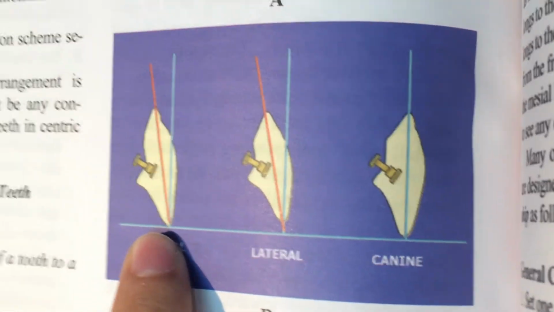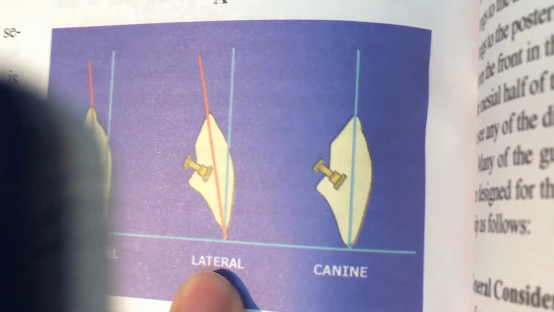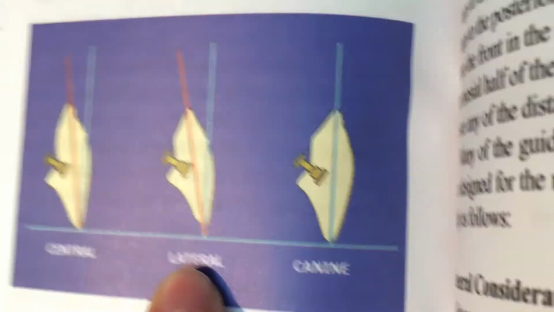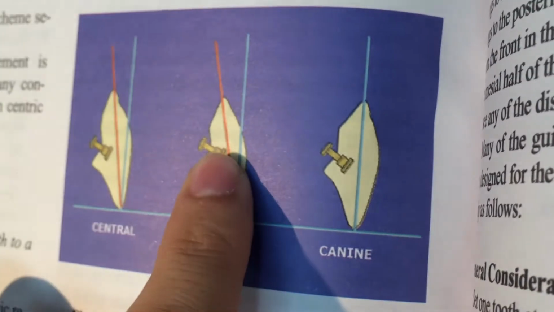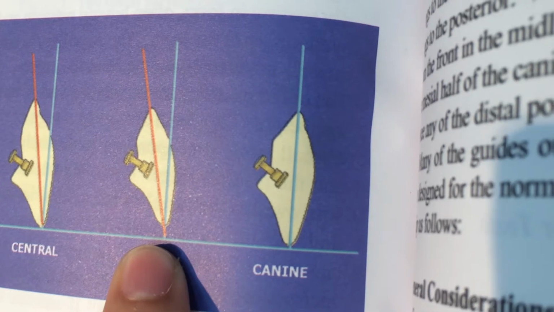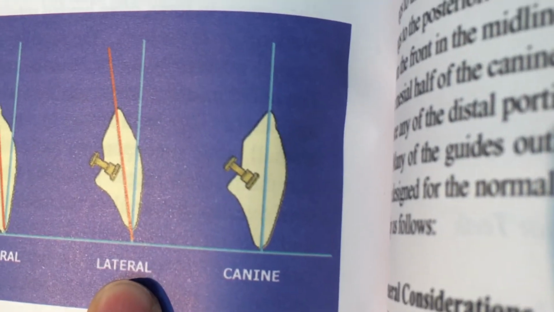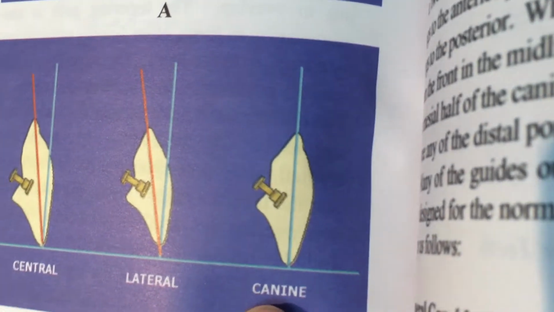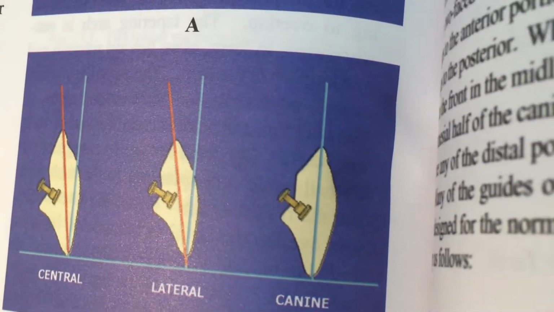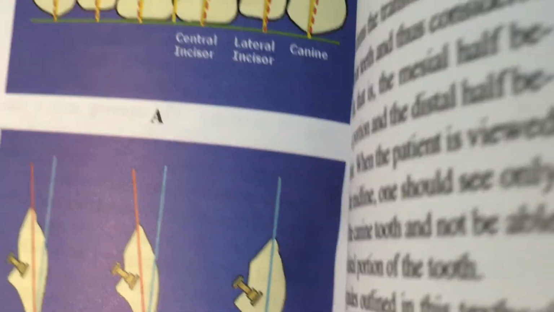Do you understand this view here? Okay, good. The lateral also has more neck in and the incisal edge is out, and the canine is straight, or let's say perpendicular to the incisal plane. Okay?